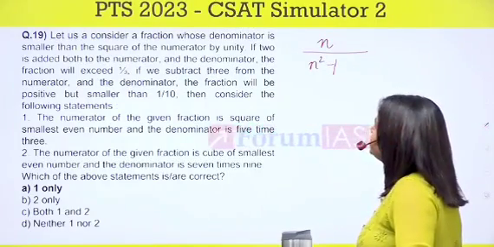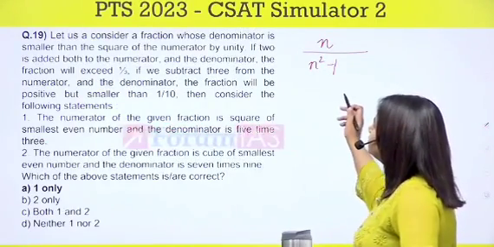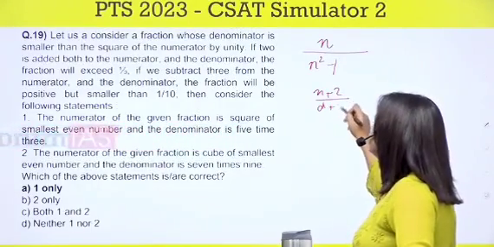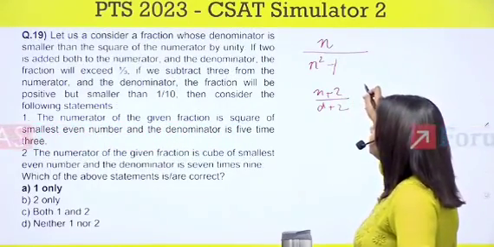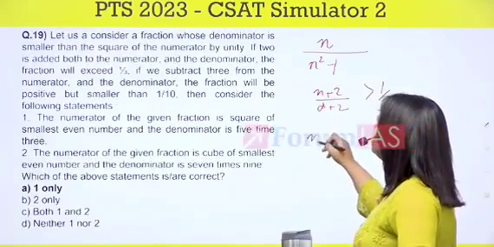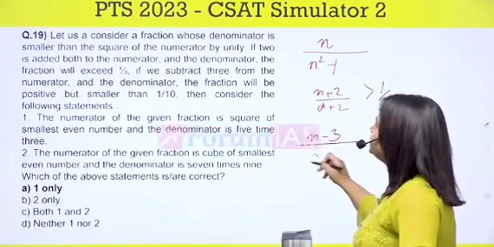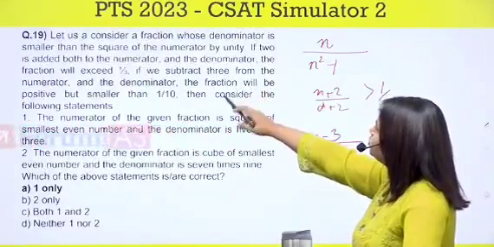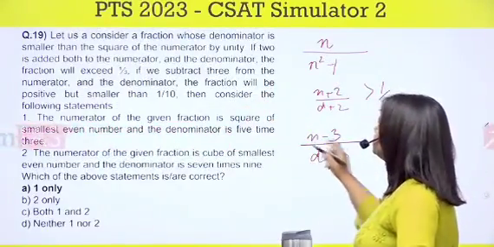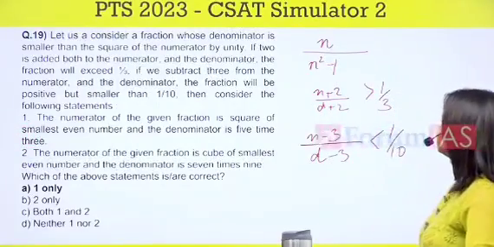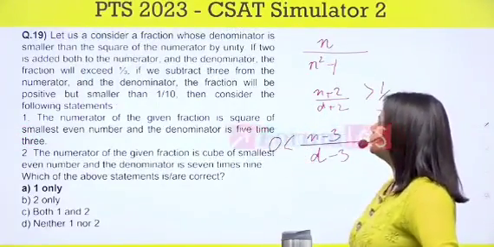If 2 is added to both the numerator and denominator, if you have n plus 2 and d plus 2, then this fraction is greater than 1 by 3. But if we subtract 3 from the numerator and the denominator, you do n minus 3 and d minus 3, the fraction will be positive but smaller than 1 by 10, right? And greater than 0. This is what they're saying.